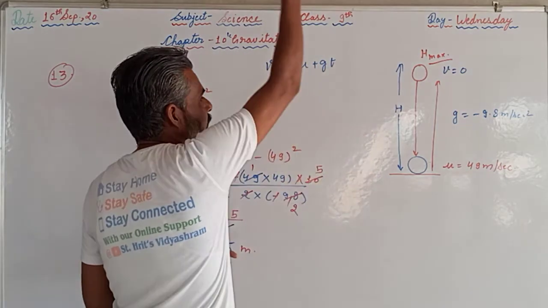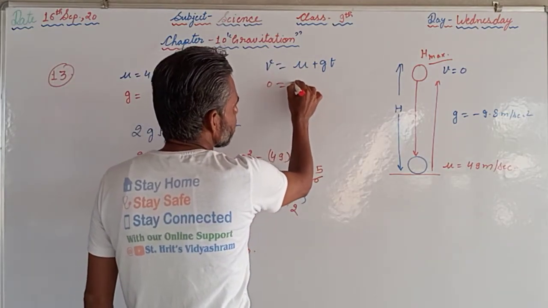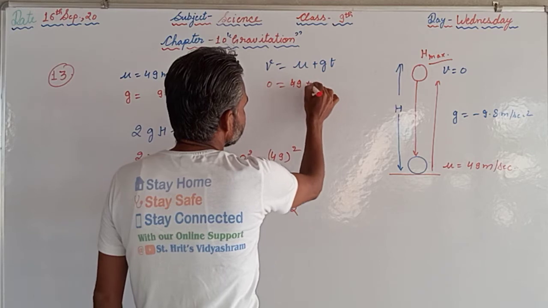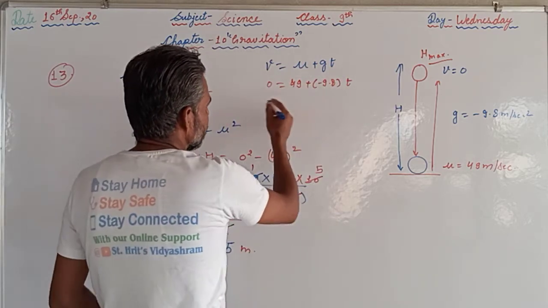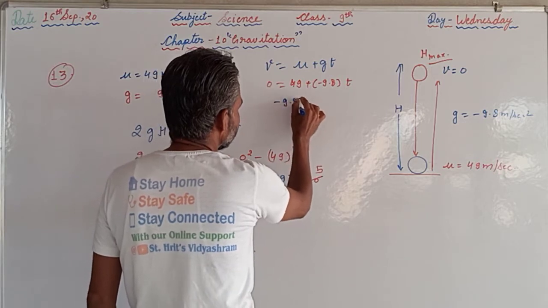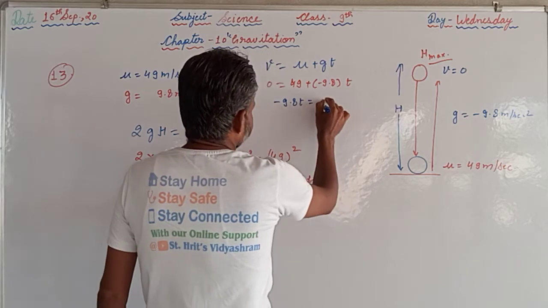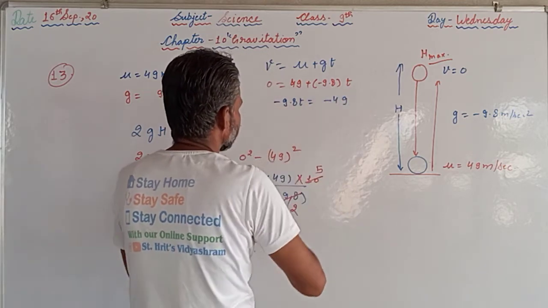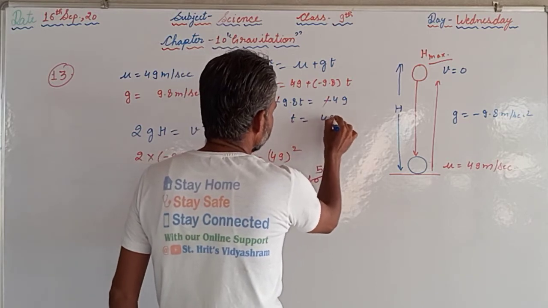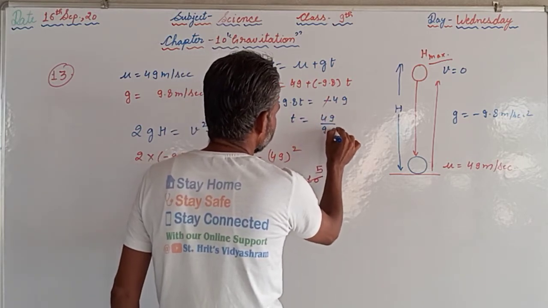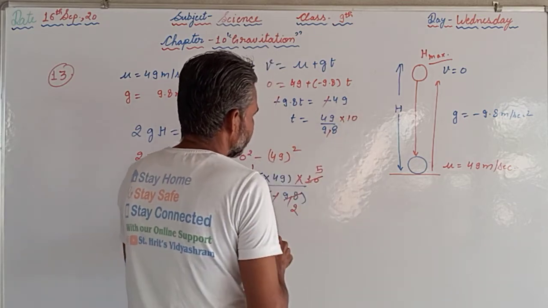Here in the upward direction, v is 0 and u is 49 and g is minus 9.8 and t is t. So minus 9.8 t will be equal to minus 49. Minus will cancel out minus, and t will be equal to 49 upon 9.8, and to settle that decimal we multiply by 10.